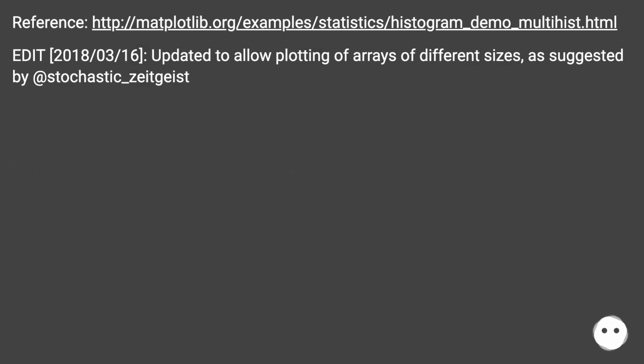Reference: this URL. Edit, on the 16th of March 2018, were updated to allow plotting of arrays of different sizes, as suggested by @stochastic_zeitgeist.